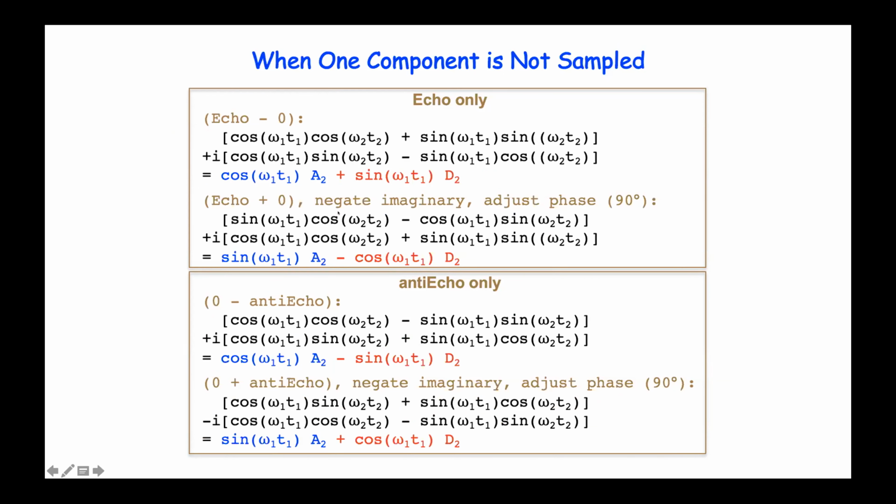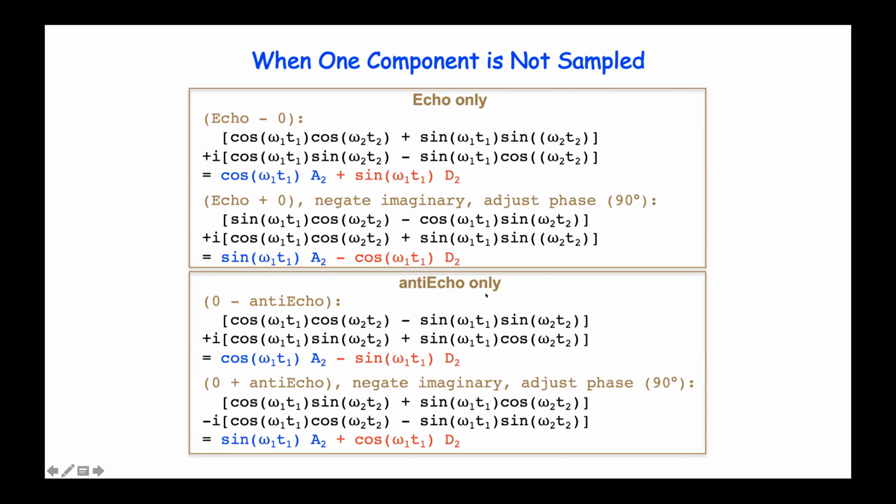In the real and in the second FID of the indirect dimension, you get a sine modulated absorptive, but a cosine modulated dispersive. When you have anti-echo only, you get something similar. Basically, it's a mixture of purely absorptive and dispersive.